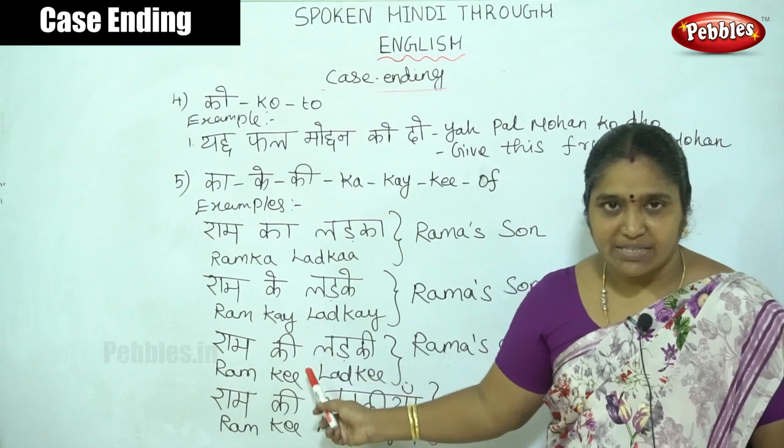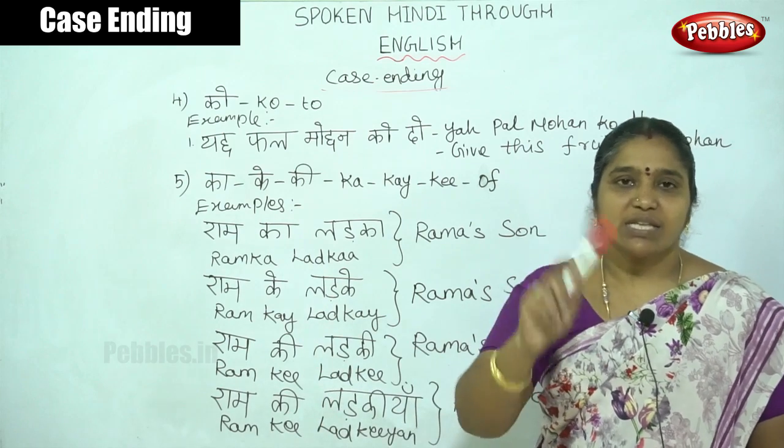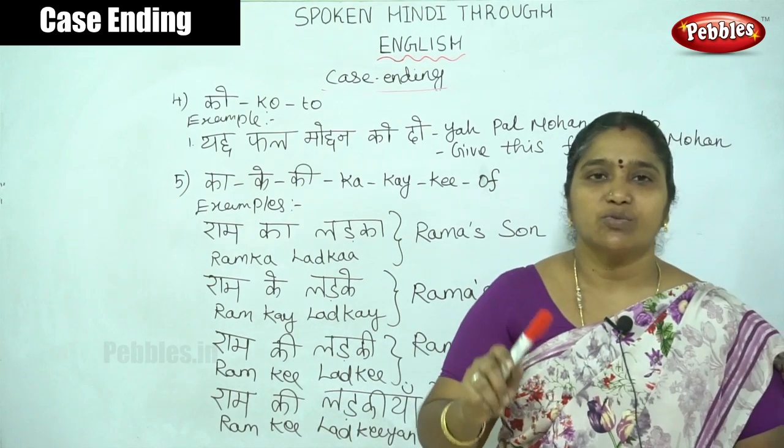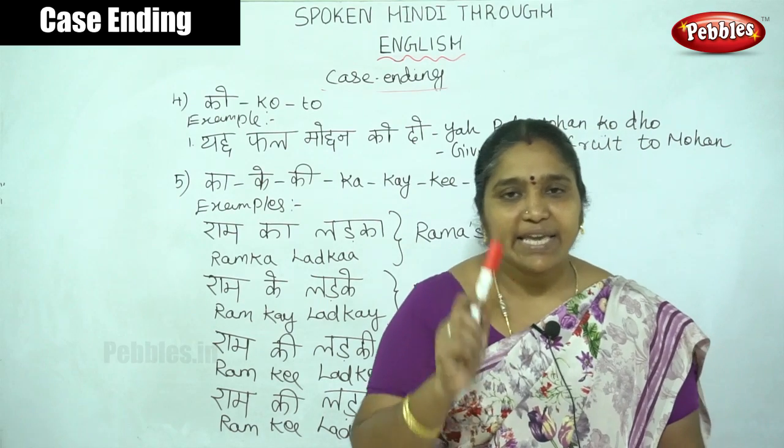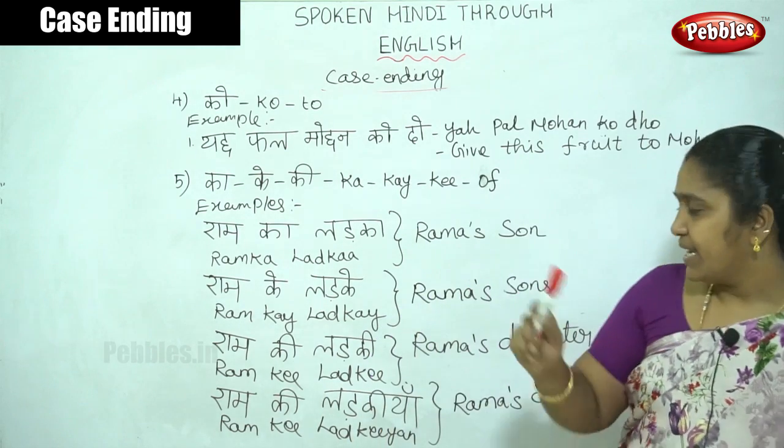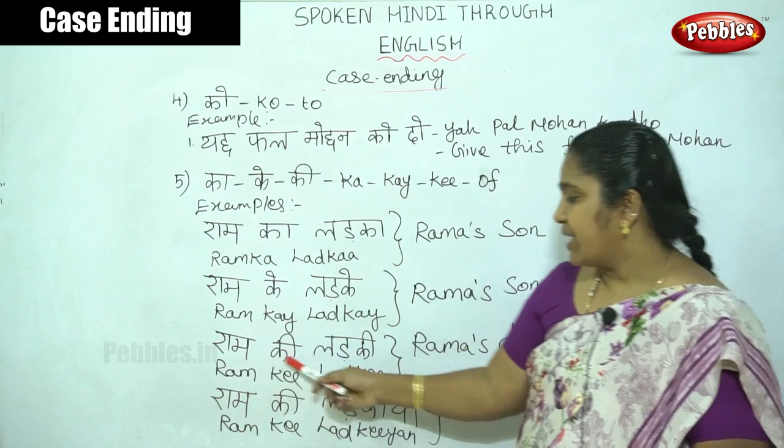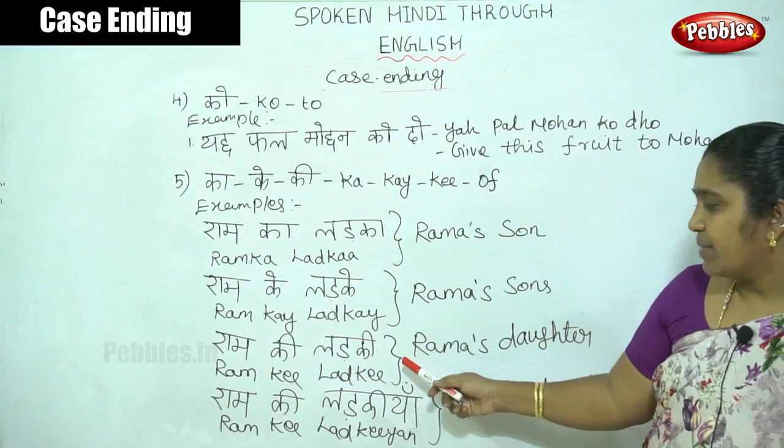Now going to the feminine gender, for both singular and plural we use only the case ending ki. See, Ram ki ladki, Rama's daughter.